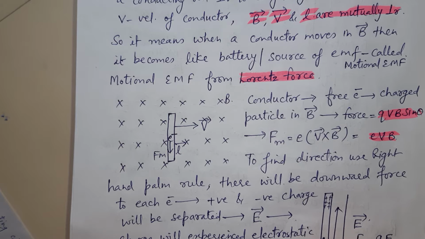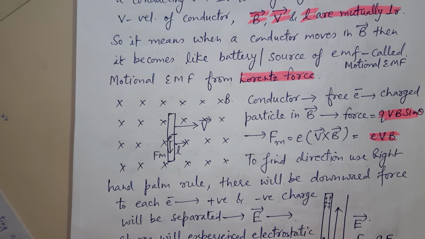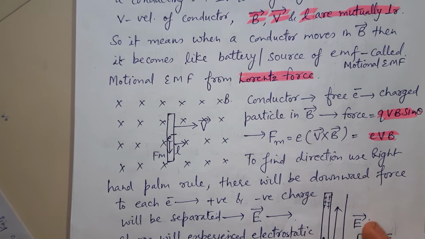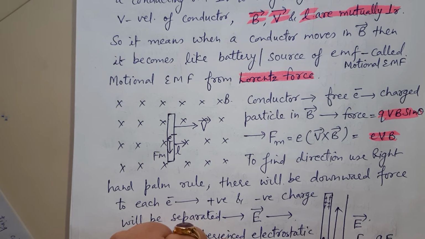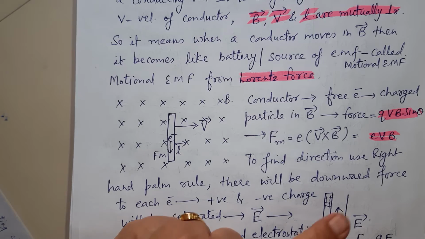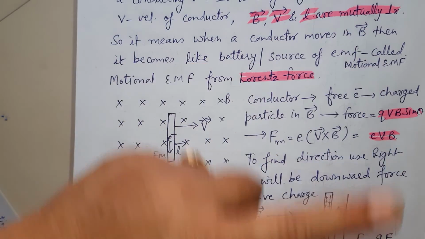The electric force is FE equals QE. Because the charge is negative, the force is opposite to the direction of the electric field, so the electron starts experiencing a force in the upward direction.